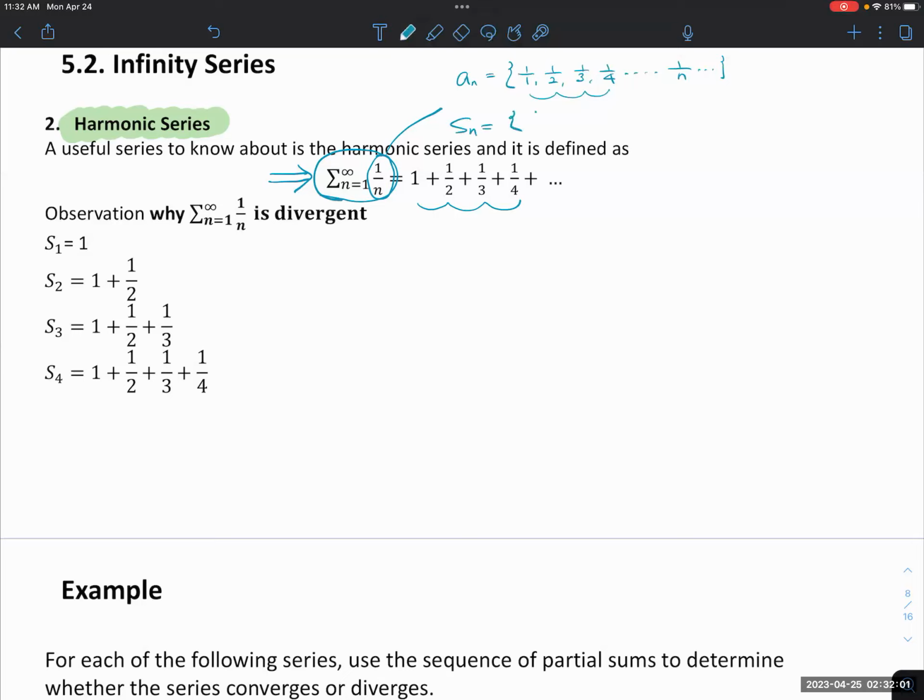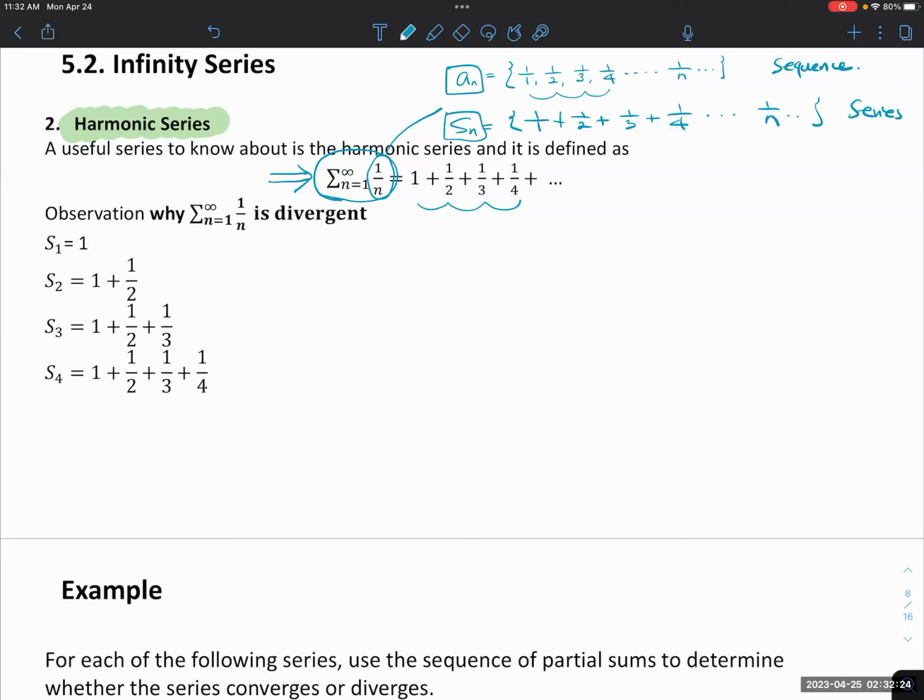Let me write it for you one more time. Sₙ equals 1/1 plus 1/2 plus 1/3 plus 1/4. We are adding. This is the series. This is a sequence. Be aware of the difference between aₙ and Sₙ. Anyway, what is the harmonic series?